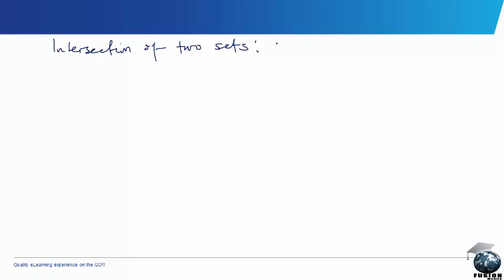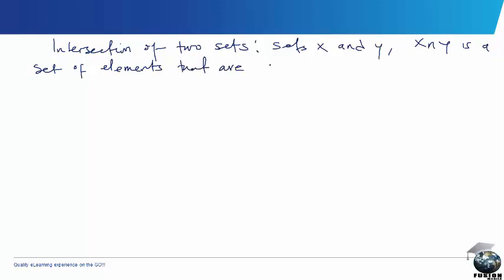Assuming we have sets X and Y, the intersection X intersection Y is a set of elements that are common between the two sets. It's denoted as X intersection Y.